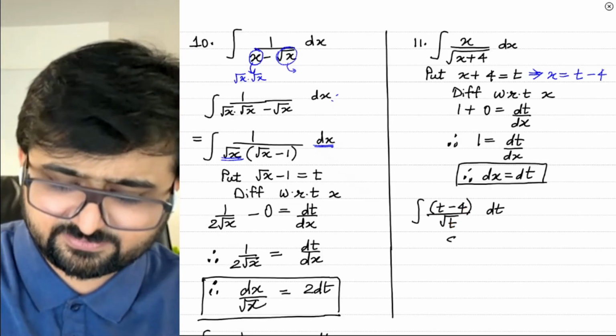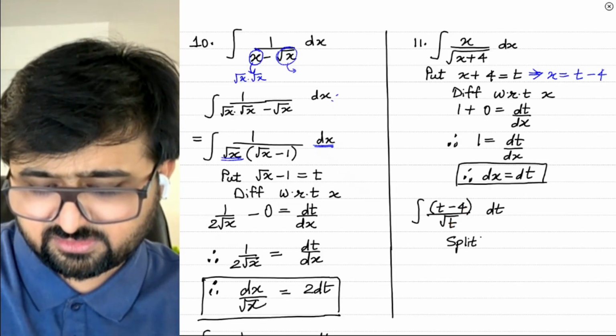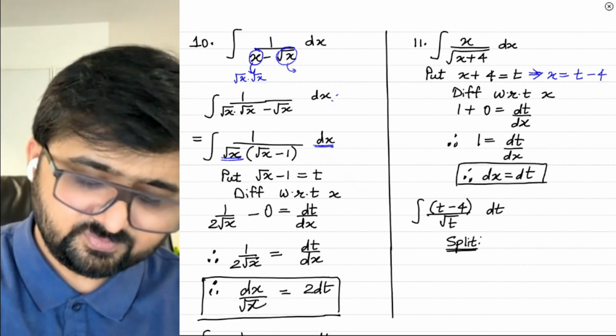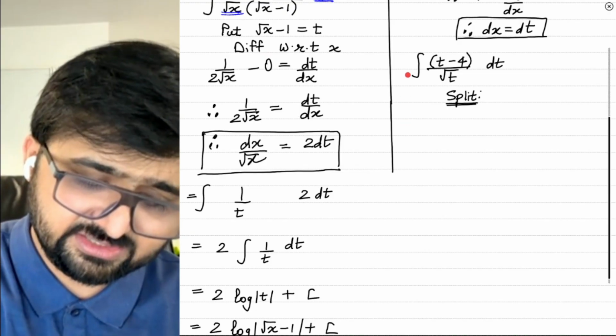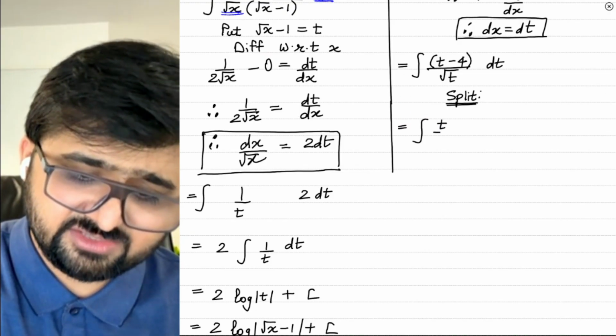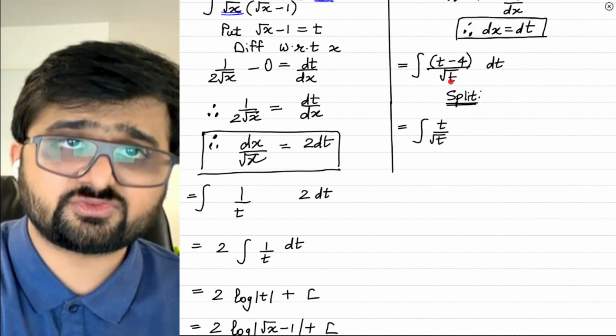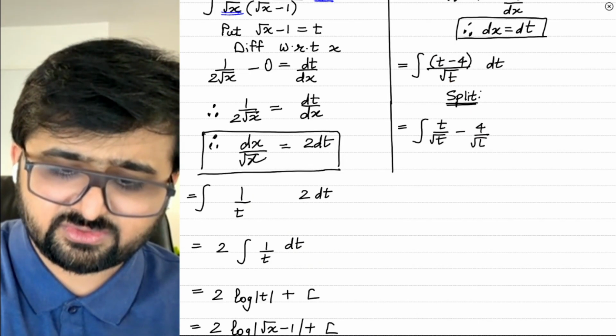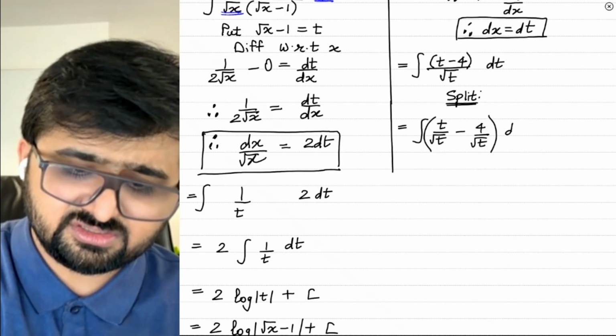We can split the denominator in both the terms. So if we split the denominator, we get integral of t divided by square root of t, just giving that square root of t to both the terms, minus 4 divided by square root of t dt.